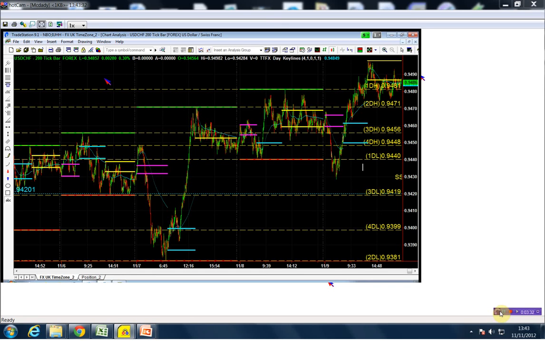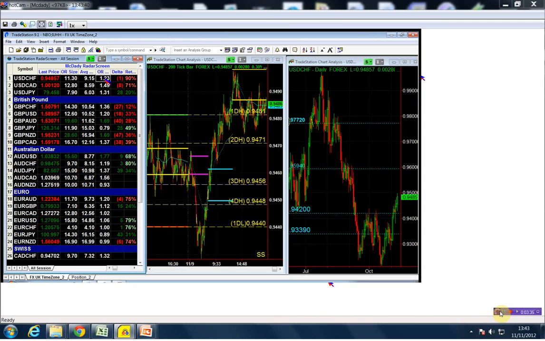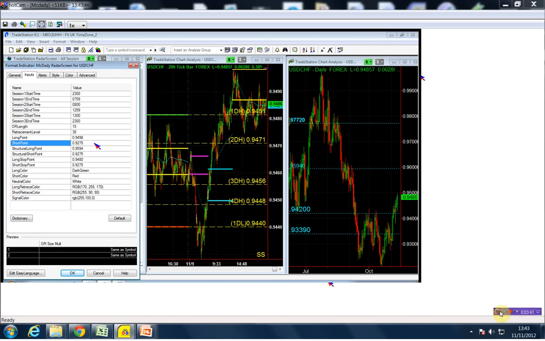or you can find another pair to trade. You don't need to short the dollar Swiss. We can find another pair. So I'm going to short it below 94.30, and if I do, this is my next structure, which is the 94.20.